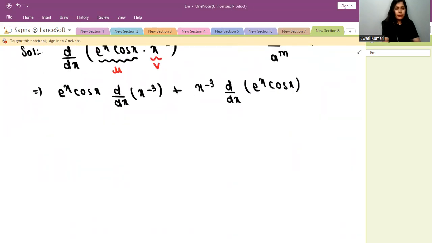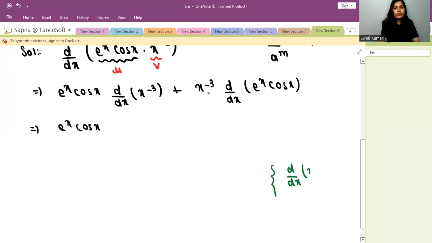So this will become e raised to x cos x as it is. Here we can use a formula to find the derivative of this function. Let us write down the formula. The derivative of x raised to n is n into x raised to n minus 1.